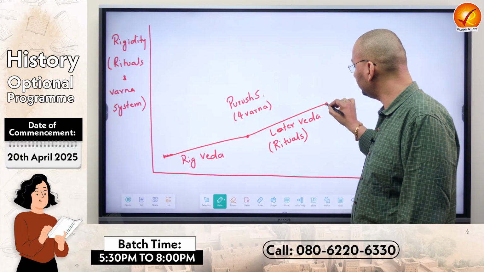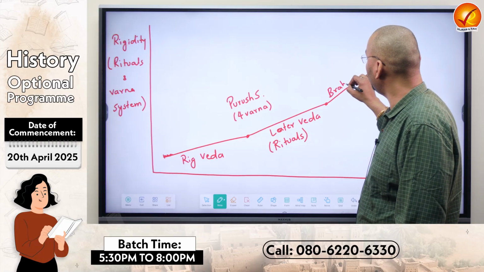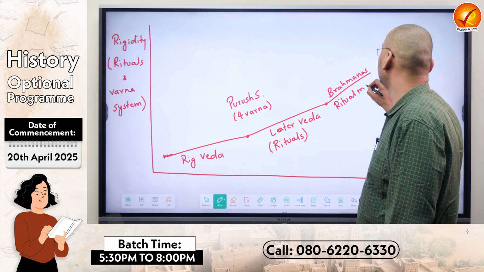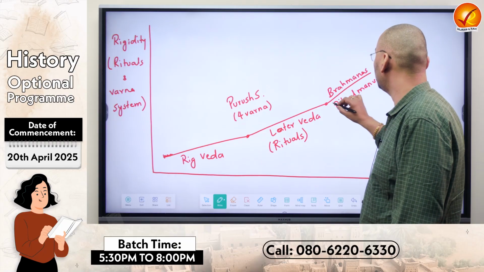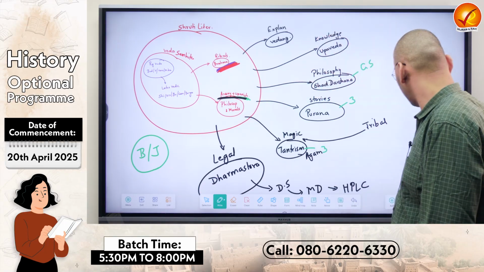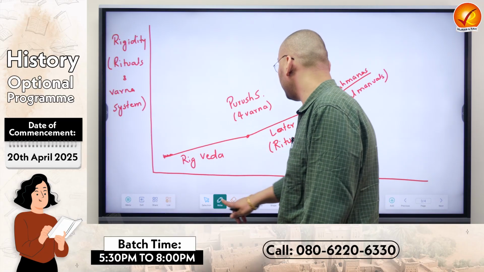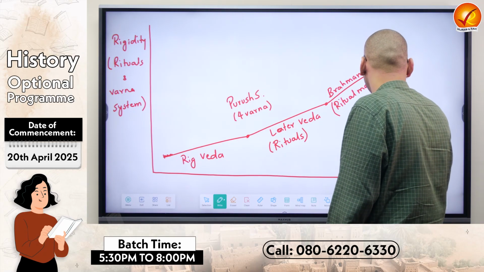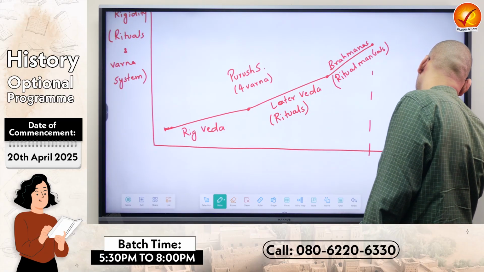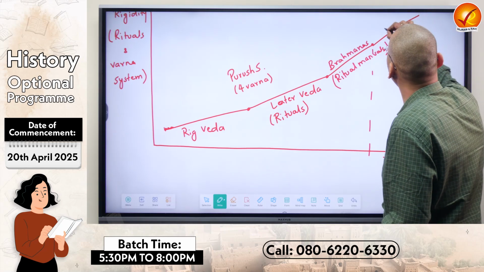Then the rigidity further increased by Brahmanas, the ritual manuals of Ved, with much more rituals in Brahmanas literature. And the rigidity further increased in the Mahajanpad age, which we call Sutra literature.